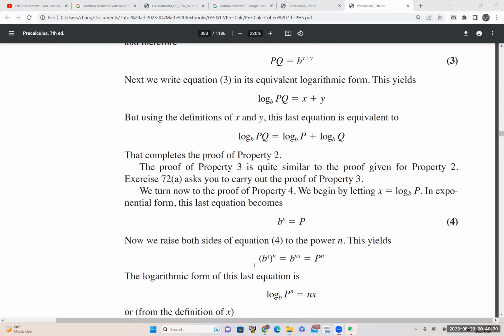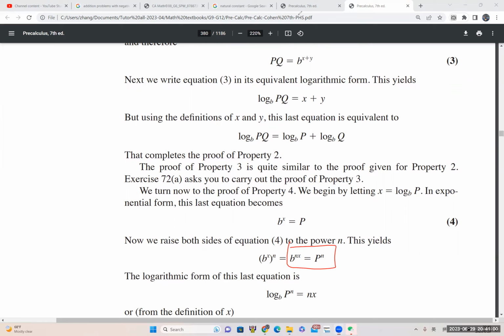Write this into logarithm form, with B still the base, P^n as the input for the log, and the output is the exponent, that means nX.